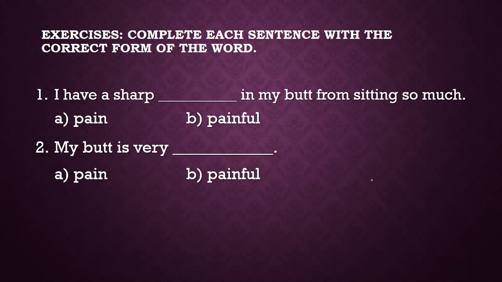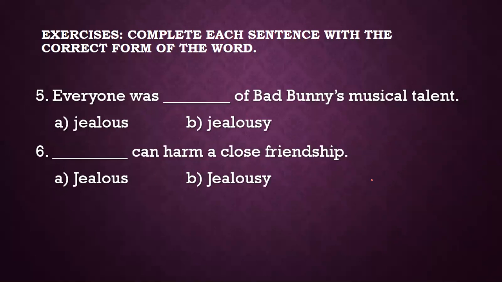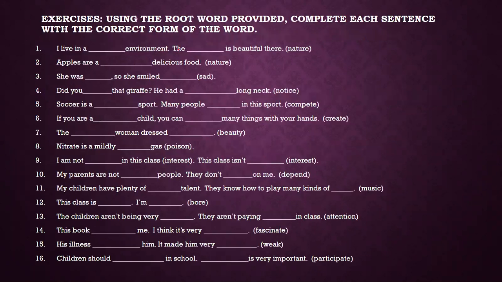So I invite you to take your time with this presentation and go through all of the exercises, which are 6, and then we have 16 sentences over here. These we did work in class, so I also invite you to complete these and just work on your word forms. You just have to identify which word form you need: do I need an adjective, a noun, a verb, or an adverb?